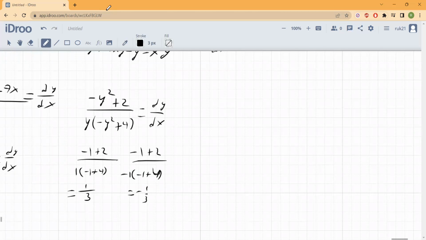So if we plug in the value of root 7, I'm going to start with positive root 7. Root 7 squared is just 7, so it's going to be negative 7 plus 2 over root 7 times negative 7 plus 4.